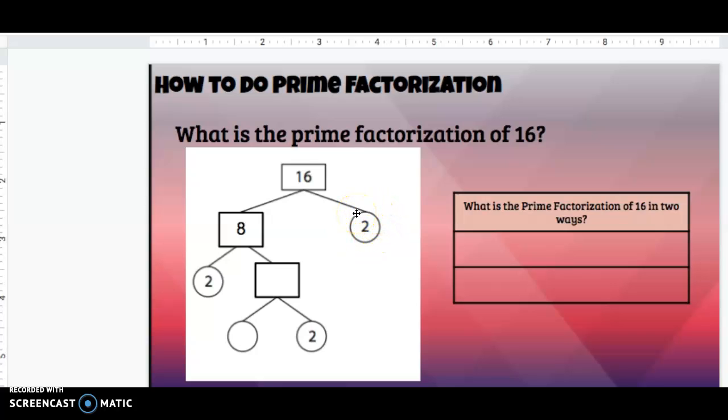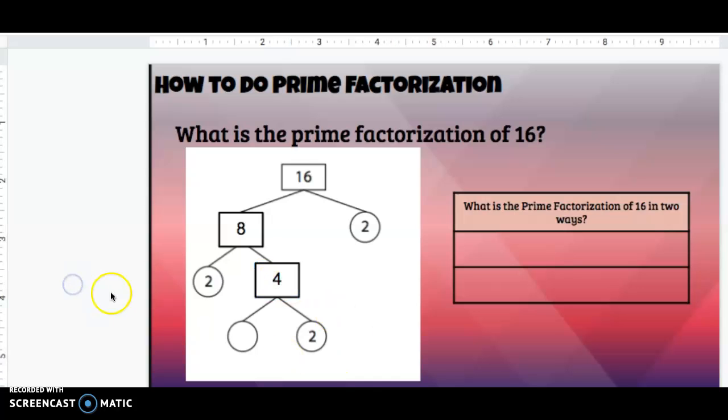And the reason there's a circle around the 2, and this is the most important thing you need to know about prime factorization, is because this is our prime number. We circle our prime numbers. 8 is composite, so we're going to break that down again. So we put 2, we circled it because it's prime, and then we put 4.